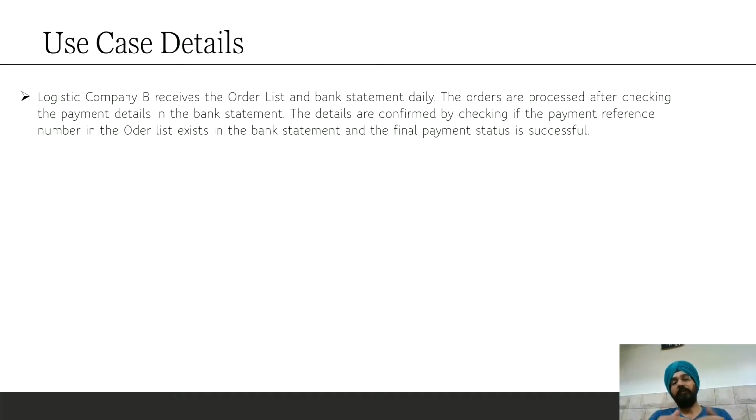Now, generally what people do is they will open two Excel sheets. One is the order list and one is the payment bank statement. And they will do a VLOOKUP on the basis of the payment reference number. And I have observed that in RPA, when we are developing bots, people also apply the same Excel automation in order to achieve the task.